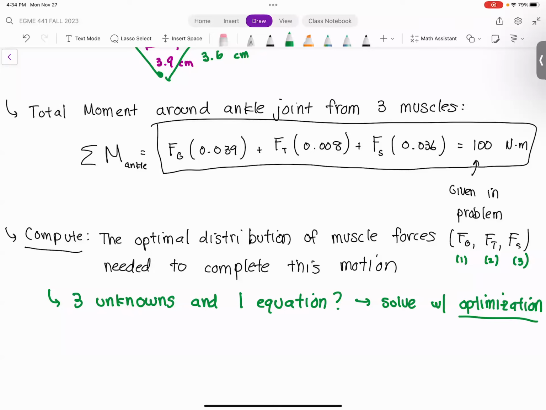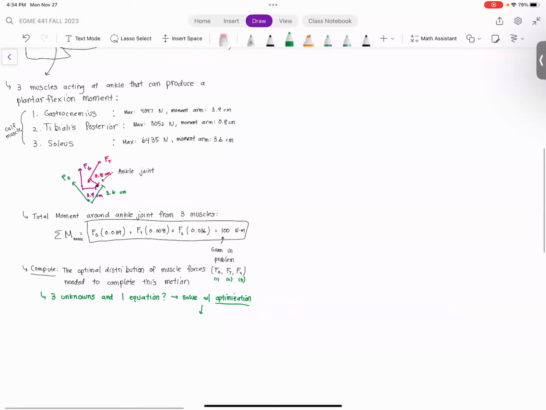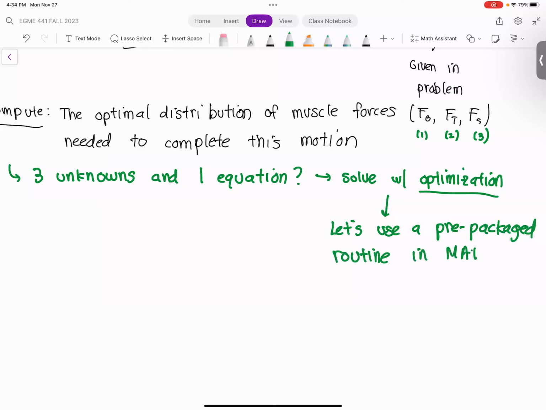And so the focus that we're going to do in this class is to basically say, how can we use one of these pre-packaged routines to solve a problem like this? Okay.